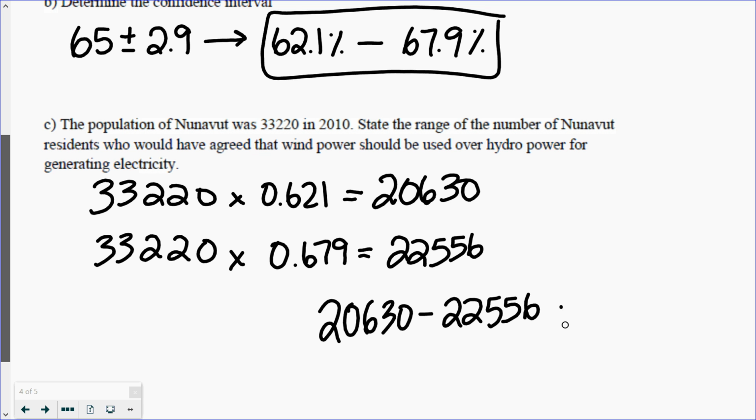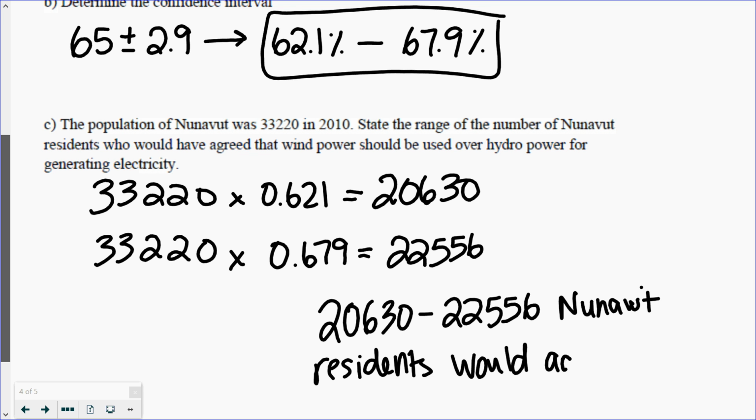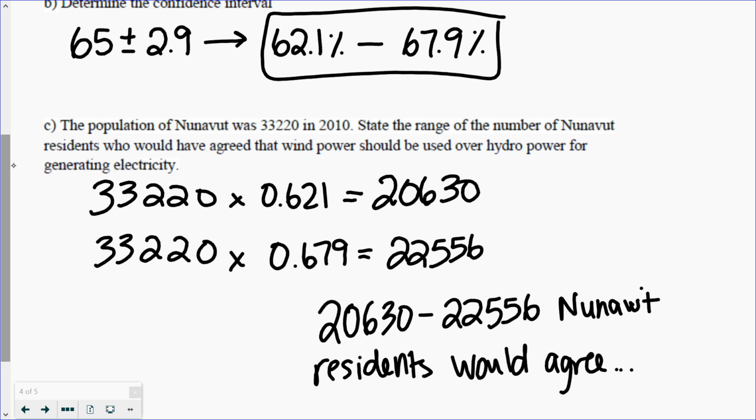I guess Nunavut residents, but now it looks like a W. Nunavut residents would agree. And then you can kind of write out the end of that sentence, would agree that wind power should be used over hydropower for electricity generation.